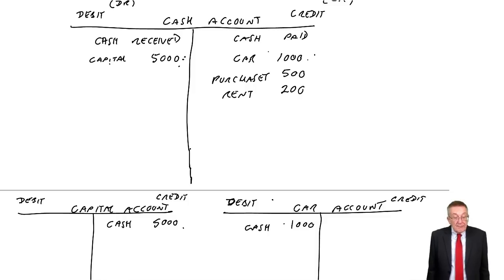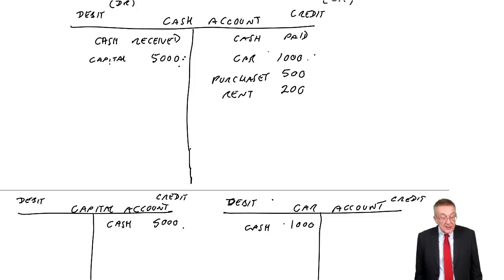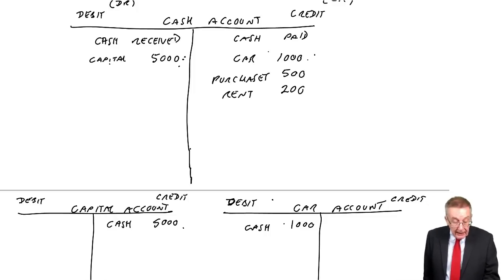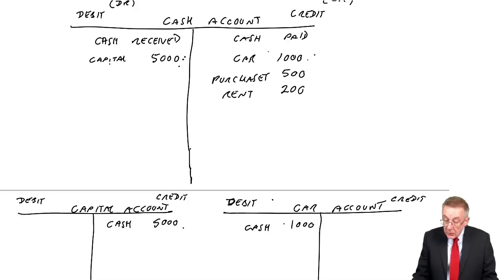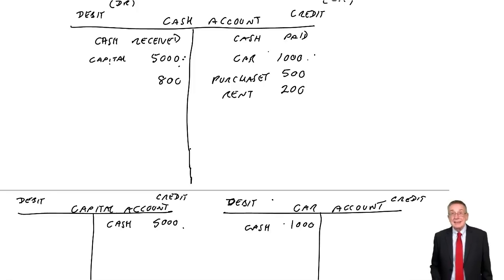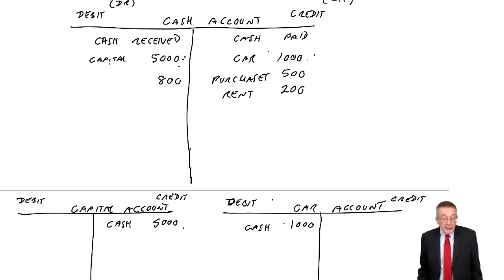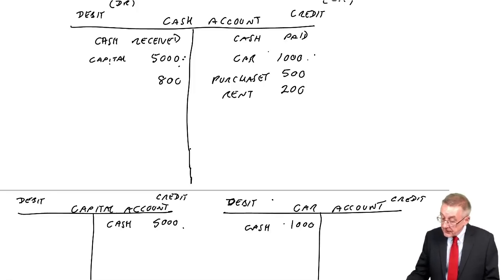Next, we sell half the goods for 800 cash. So we need to make a record. We've made some sales. We've received cash. We sold them for 800. So debit cash to record the fact we've more cash. I need to record the fact we made sales.